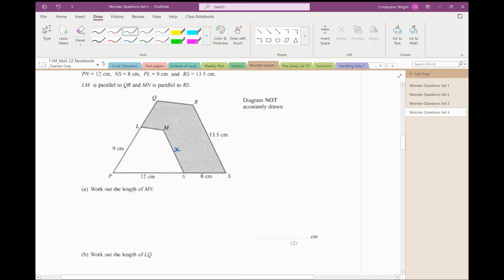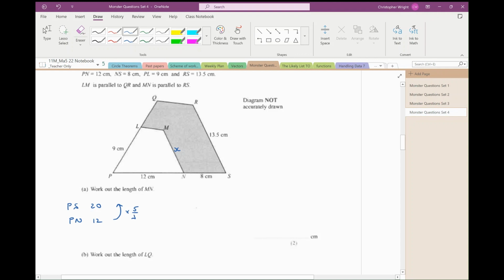Right, now we know that the large quadrilateral is similar to the smaller quadrilateral. Now the large quadrilateral has a base PS of 20, and the smaller quadrilateral has a base PN of 12. So if I work out that scale factor there, 20 divided by 12, tells me that the scale factor from small to larger is 5 over 3. Great.